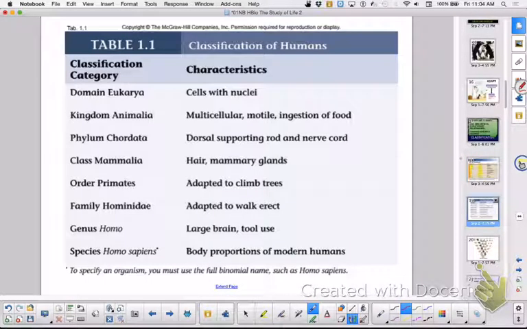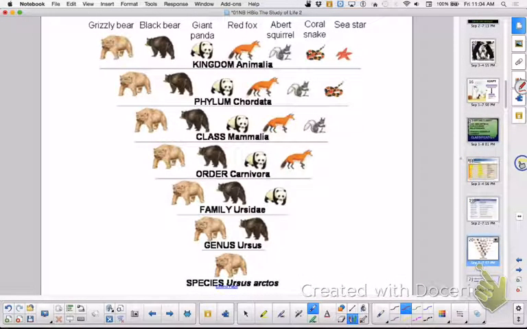Now, let's look at an example of this. Here is the kingdom Animalia. All of these organisms are in the animal kingdom. But if we dial it down into phylum Chordata, who do we lose? Sea star, because he is in phylum Echinodermata. He's in a different phylum, but he's still part of the animal kingdom.